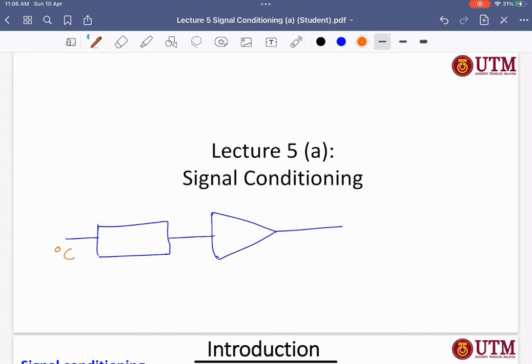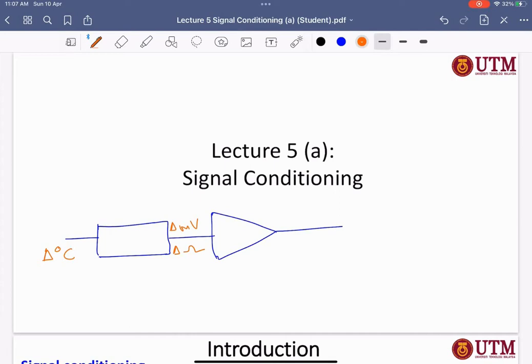The transducer converts the input into a useful value, for example the changes of voltage, when we have an input such as the changes of temperature. That's why I put the delta. Delta means a dynamic input, which can change over time, so the output will also be delta, changing over time.